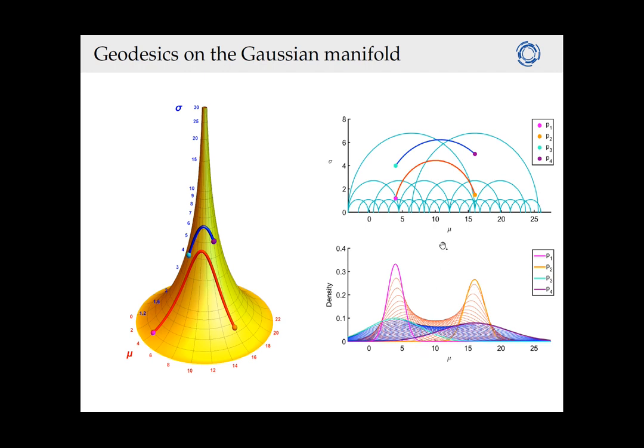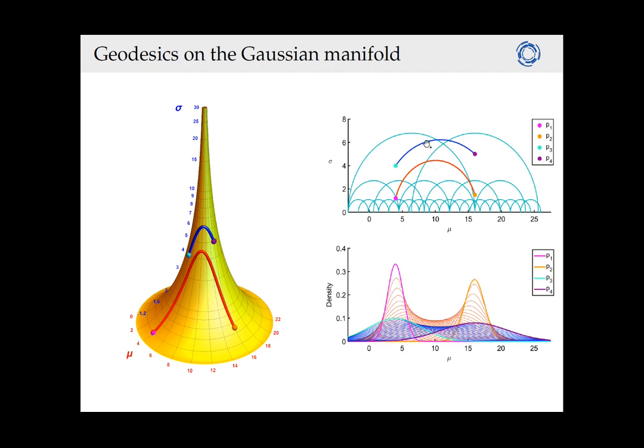And what you actually also see here in the Poincaré half plane, but also on the pseudosphere, is that it turns out that the distributions with the larger standard deviations are actually closer together than the corresponding distributions with the same respective means, but with a smaller standard deviation. So these distributions are closer than these two.